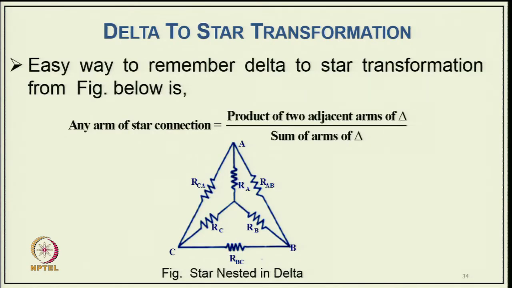The same way it is shown here, an easy way to remember the delta to star transformation from this figure: an arm of the star connection, typically for A, will be the product of the two adjacent arms of the delta, RCA into RAB, divided by the sum of all three arms of the delta connection, RAB plus RBC plus RCA. That is the easy way to remember this conversion from delta to star connection to find the equivalent network resistances.